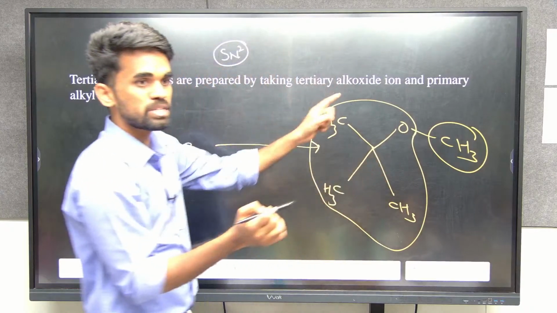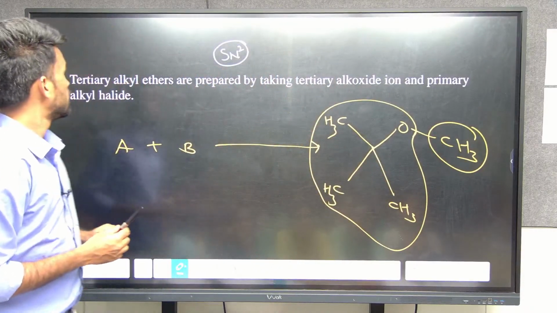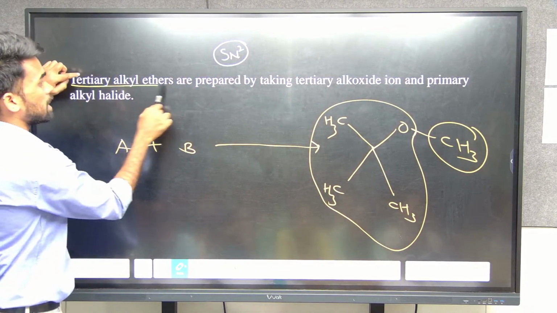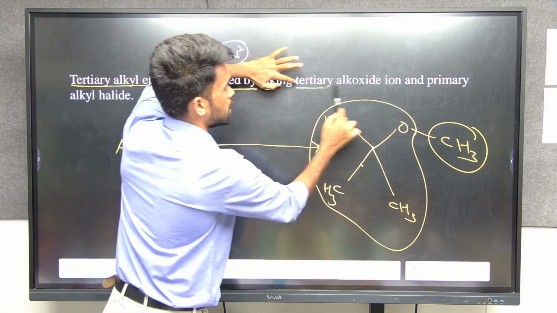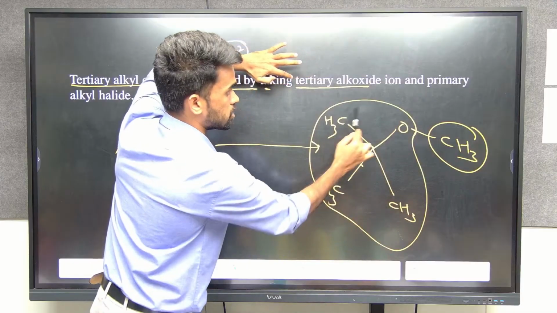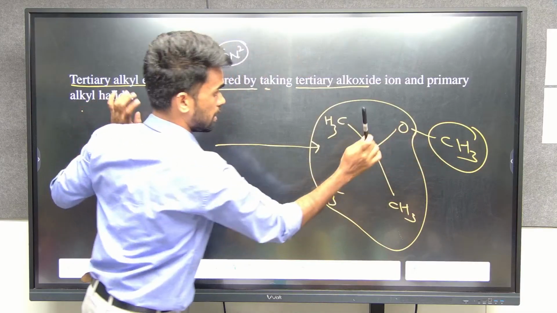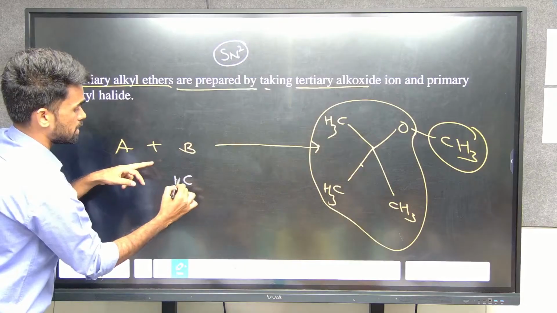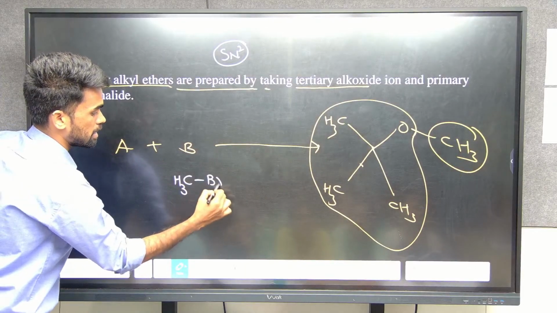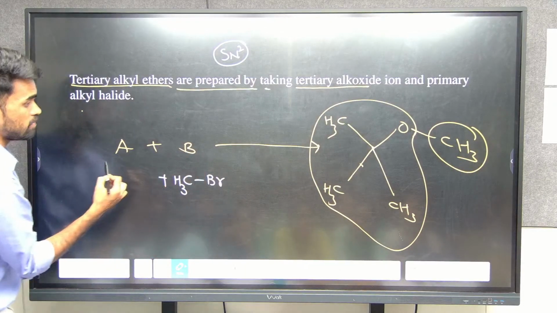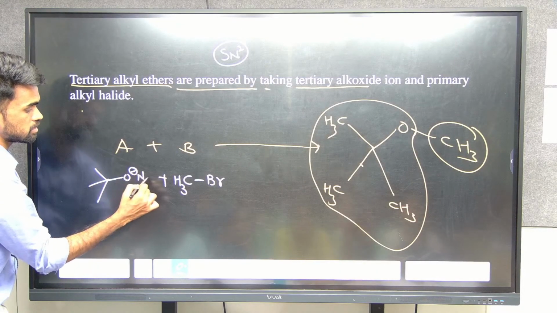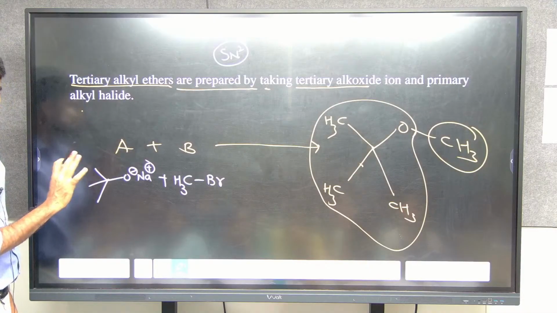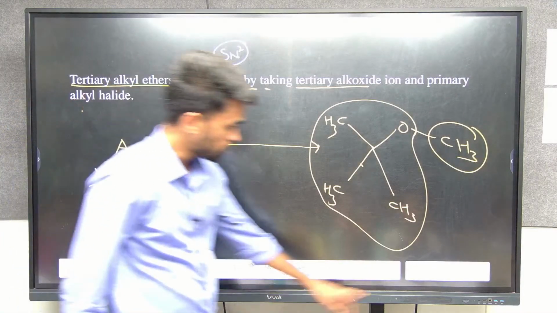Now read the statement once again. Tertiary alkyl ether, this is a tertiary alkyl ether, is prepared by taking tertiary alkoxide ion, this is the tertiary alkoxide ion, and primary alkyl halide. So what is my alkyl halide here? CH3 with a halide like bromide or anything you take. On this side I should take the alkoxide ion, O minus. That's it. Is it clear how I am deciding this? Next.